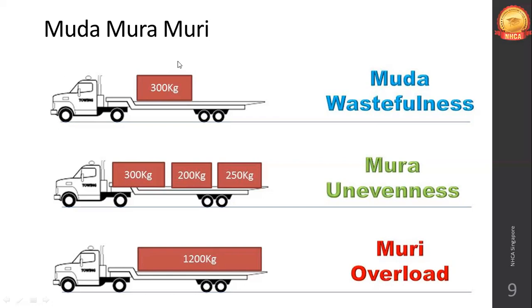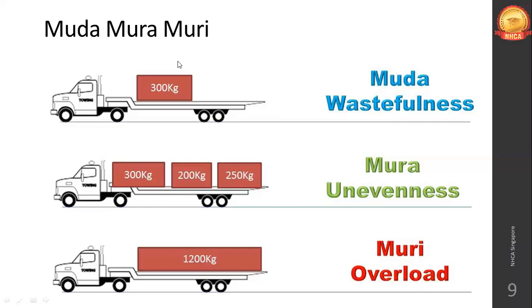Then Muri means overload. Usually nurses and doctors in India are overloaded with patients. The patient-nurse ratio and the patient-doctor ratio are very poor in India. One doctor for 1,000 patients, one nurse for 60 patients. That is the ongoing ratio.